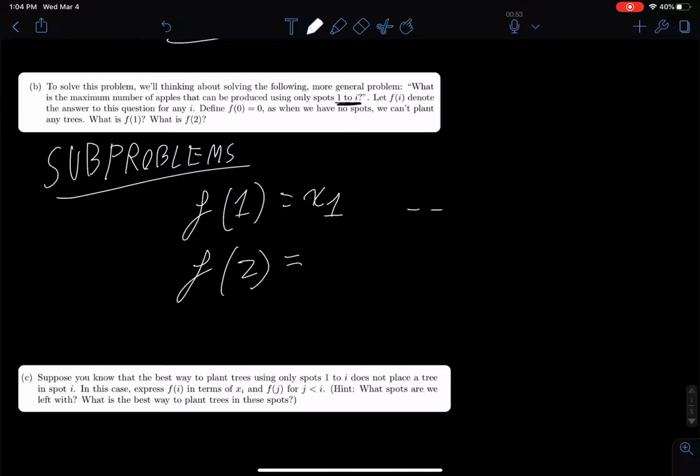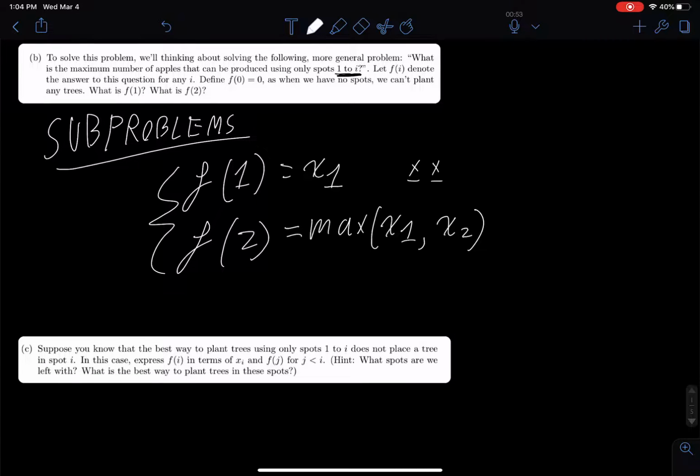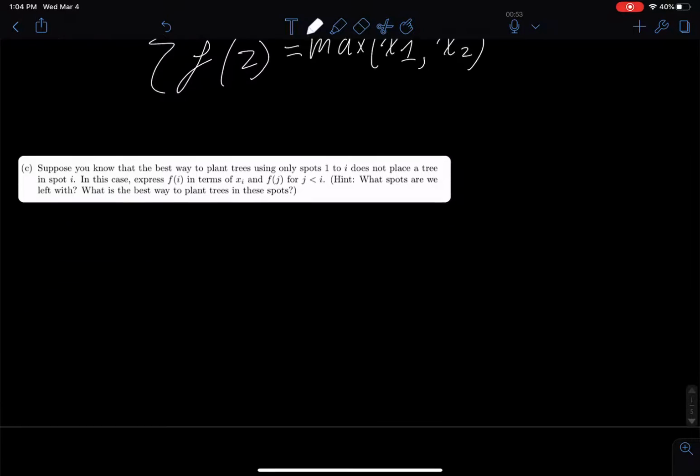Then what's our maximum possible number of apples? Well, we can only plant at one of these 2 spots, so we simply choose the maximum of x1 and x2. These are the values for f1 and f2, our first 2 subproblems.